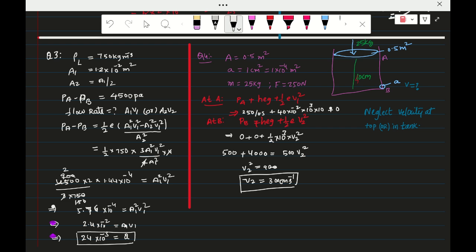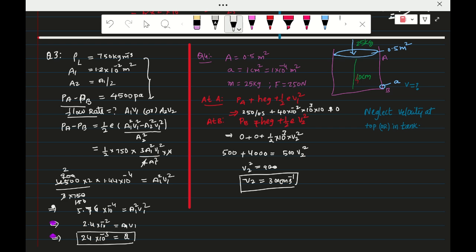The pressure difference between that level is 4500 Pascal. So this is the given data. Whenever they have given PA minus PB, they can ask flow rate or velocity. Even if they are asking flow rate, you have to find the velocity first, then you can find the flow rate A1 V1.